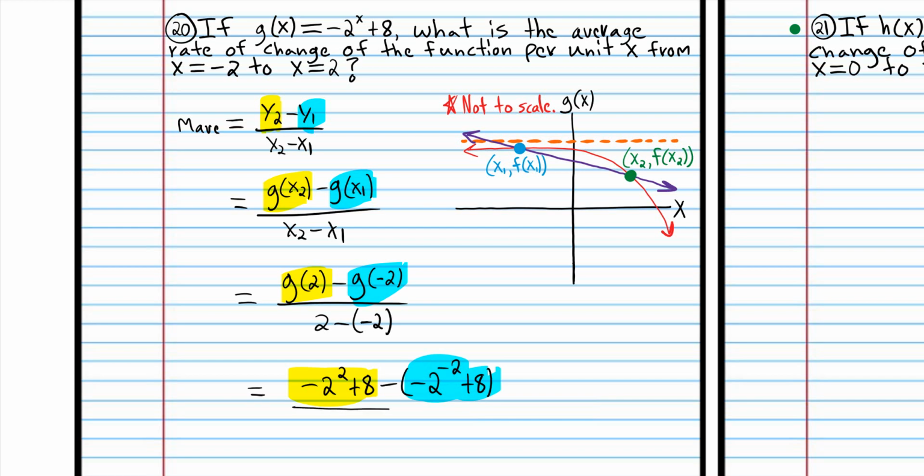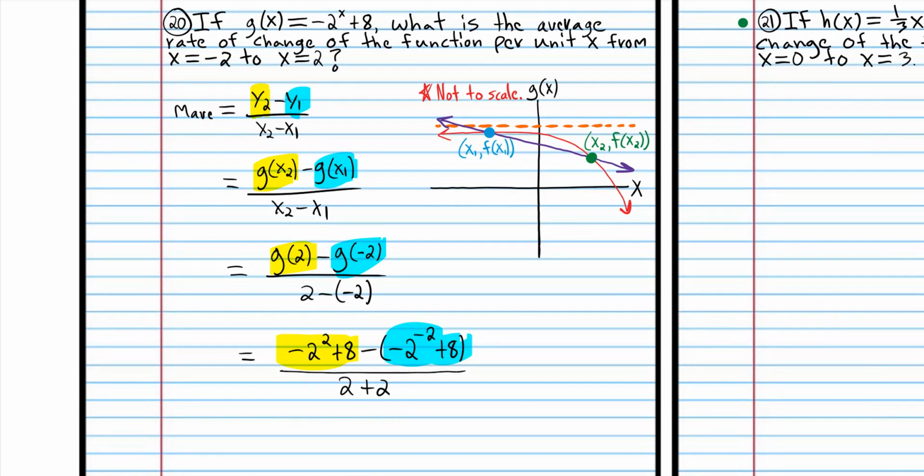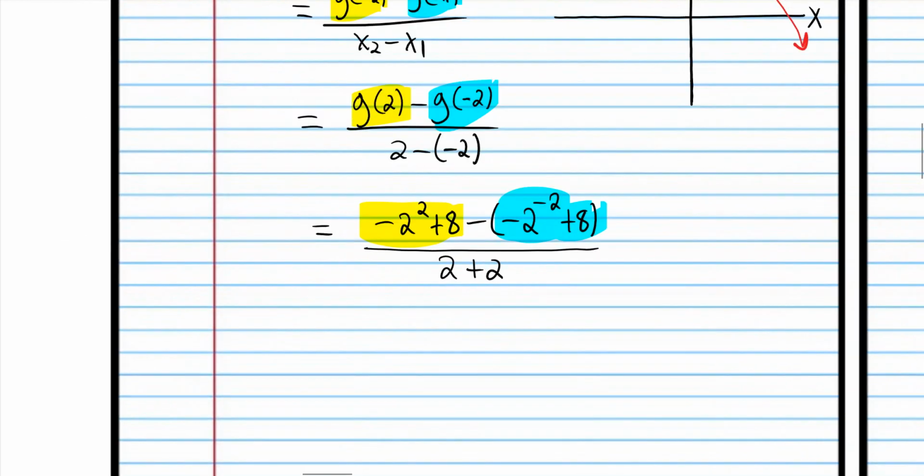Then we're going to divide all that by 2 plus 2. And let's double check and make sure this is all written correctly. Looks correct. So now we can do the calculations.